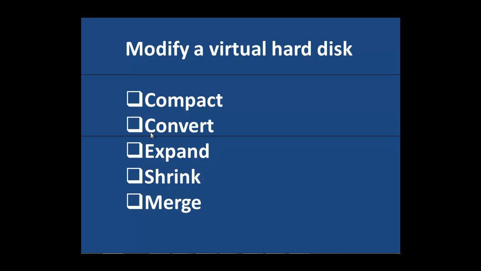Let us take a look in Hyper-V Manager at the settings of a virtual machine to see how we will make the different changes that we talked about: compact, convert, expand, shrink, and merge.